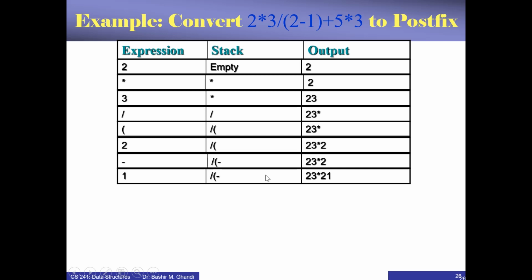So we're going to pop out the minus, output it, pop out the opening parenthesis here and throw it away. Don't put it in the output. So in the stack, we're going to be left with just the slash. Okay, so this is what you have. You can see the minus has been output, and now the stack contains only the slash.